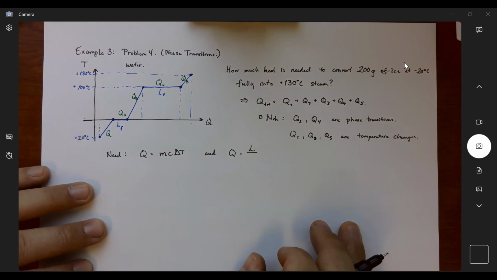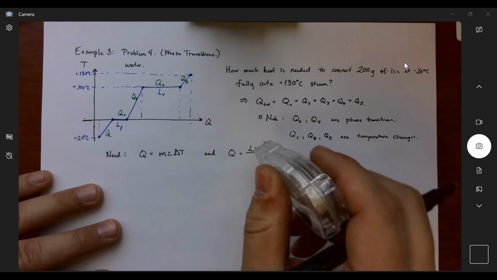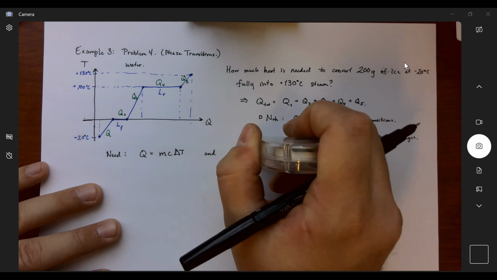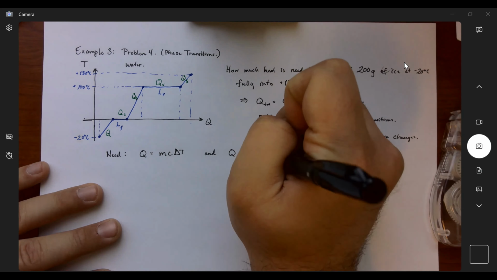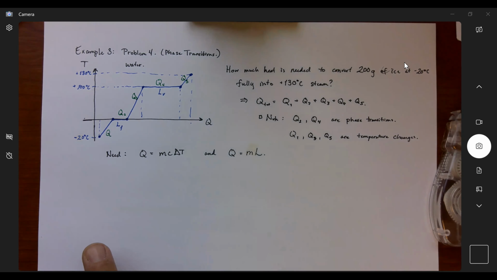Right, hold on. No, sorry, the mass times the latent heat. So mass times capital L.